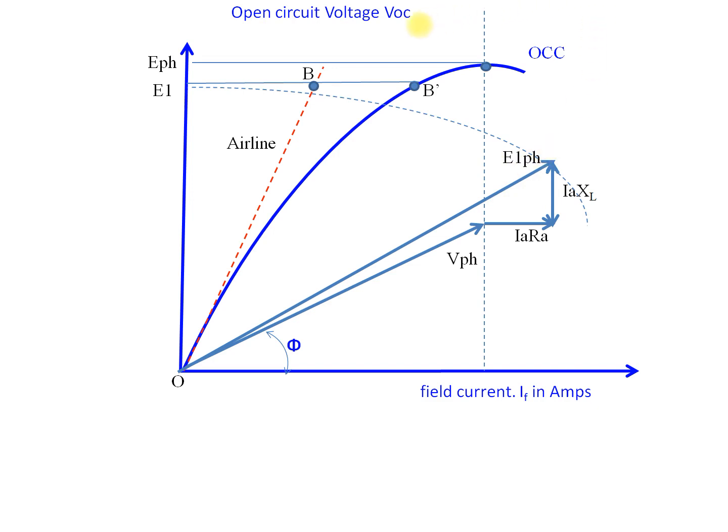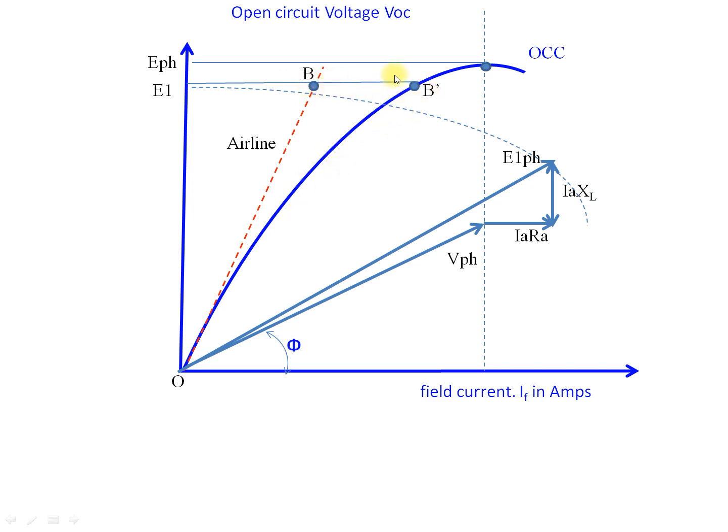From this diagram we can find out that E phase value. If you find that E phase value from this diagram, it will be cutting at point B in the air gap line and B dash in the OCC curve.